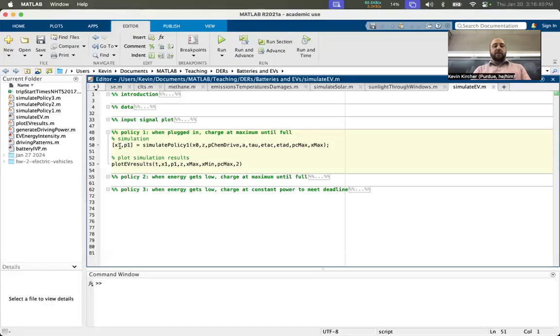And I call those X1 and P1 because they correspond to policy 1. We'll have different versions of them for policies 2 and 3. And then this takes the initial state, how much energy is in the battery, that indicator variable Z, and then the dissipated power for driving, and then basically the 6 parameters of the battery. And then this thing just draws the plots, basically.